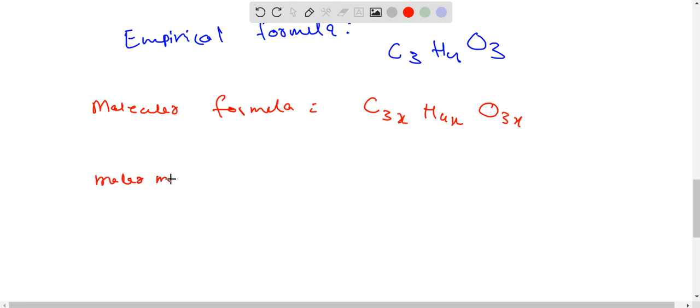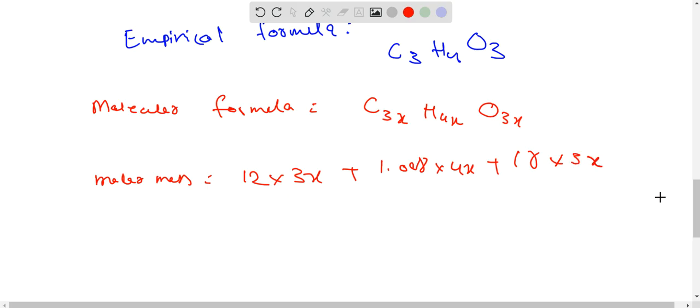12 multiplied by 3x plus 1.008 multiplied by 4x plus 16 multiplied by 3x.